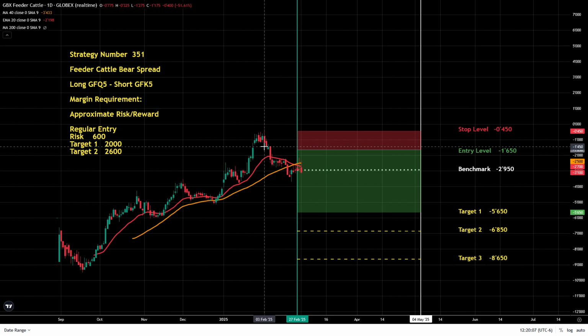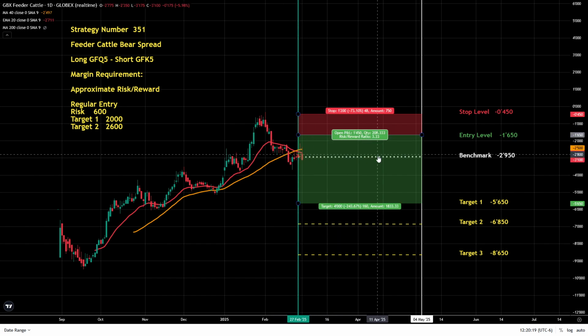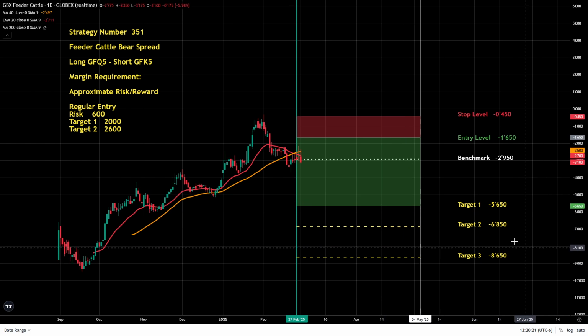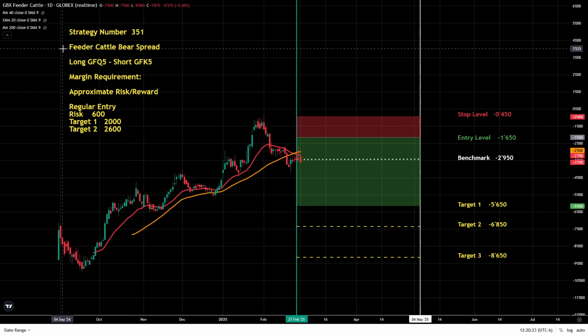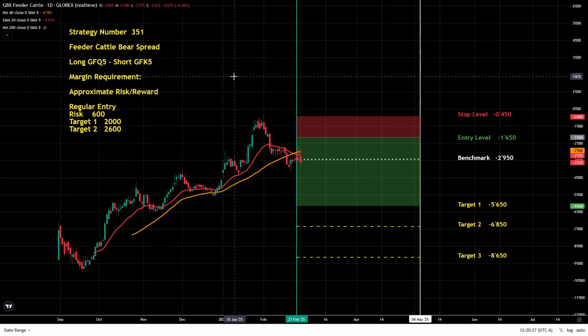But over the last month or so, few weeks, this thing has fallen back a bit. So that might have played out. Maybe. All right. But I want you to know this is counter trend. So we need to see a little bit of a rally and then a stall and push on down. That's strategy number 351. Bear spread in feeder cattle, long the August, short the May.